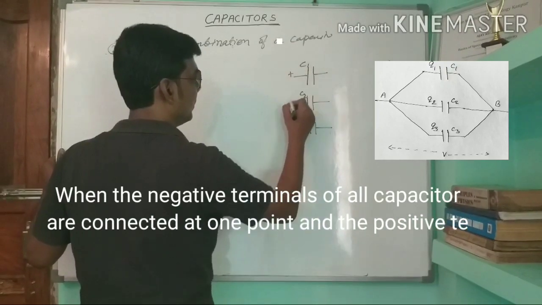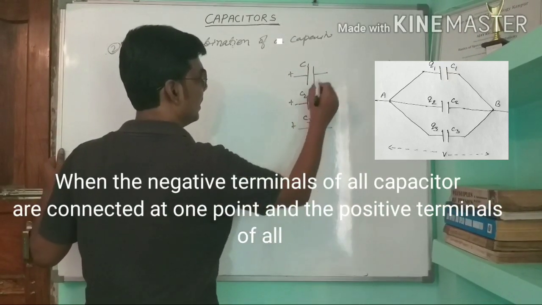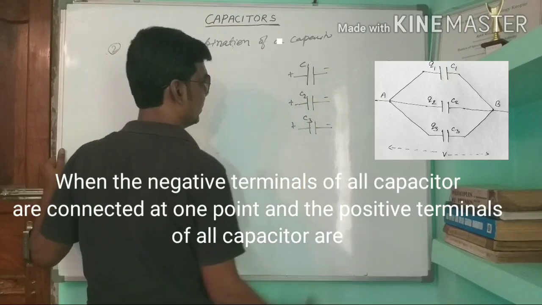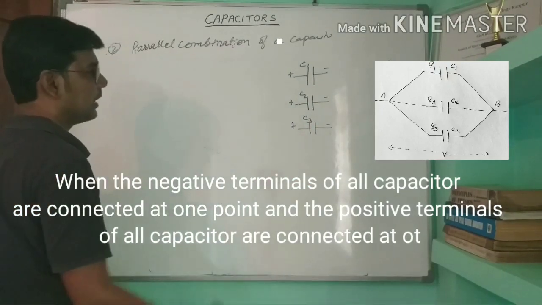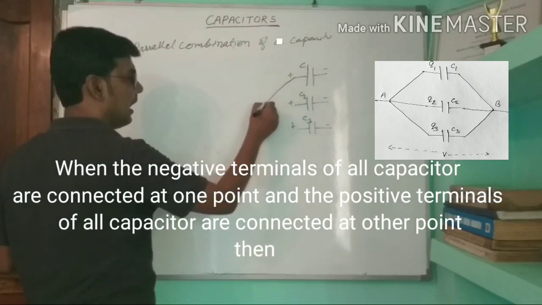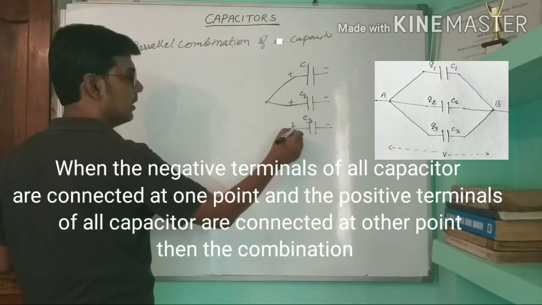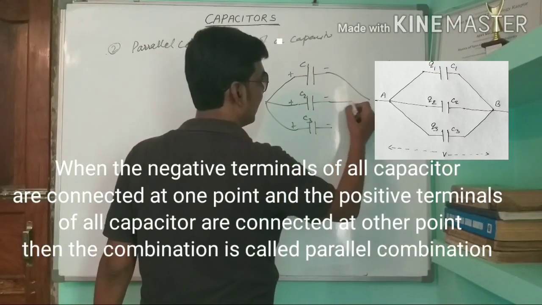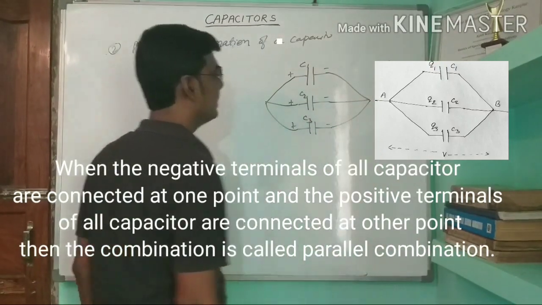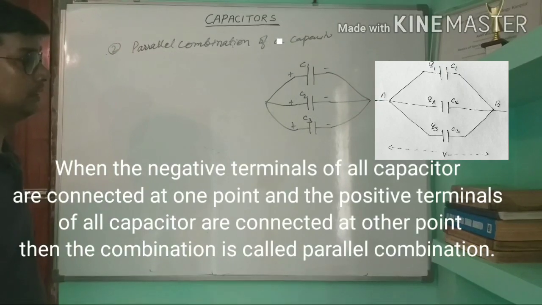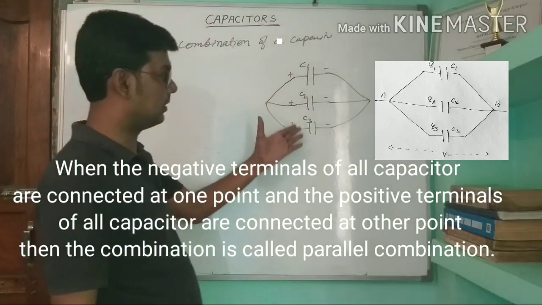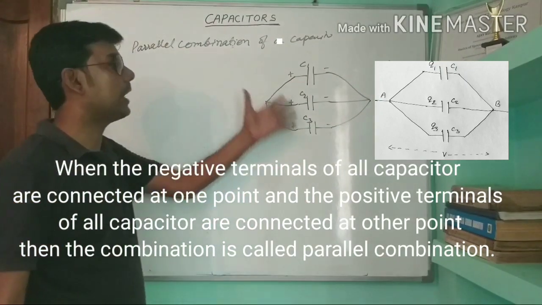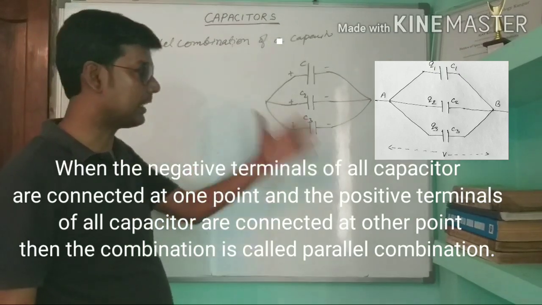These are positive terminals and these are negative terminals. When we connect all positive terminals at one point and all negative terminals at another point, in this situation this combination is called a parallel combination of capacitors.